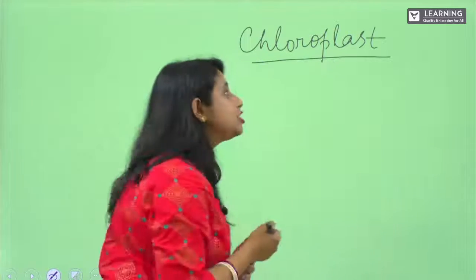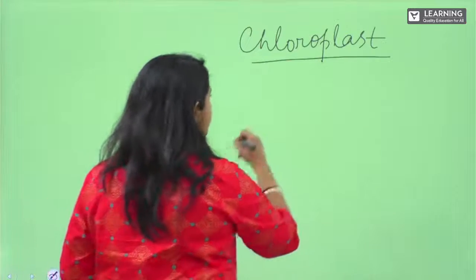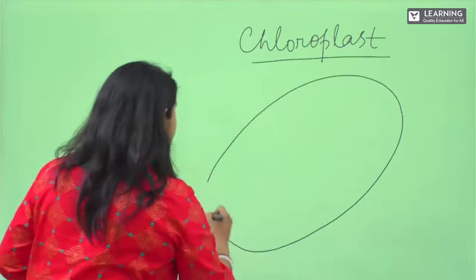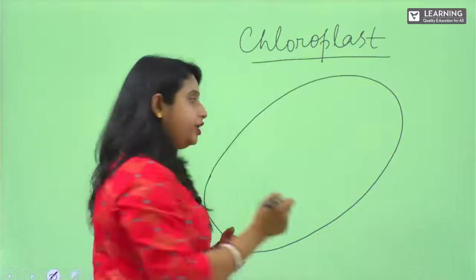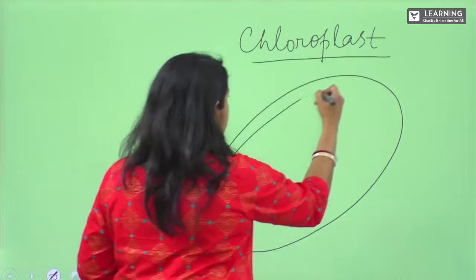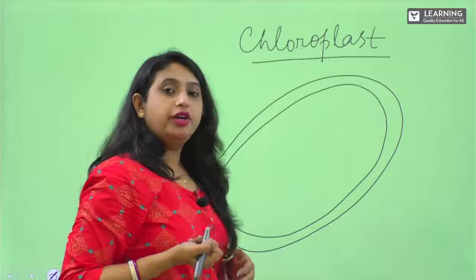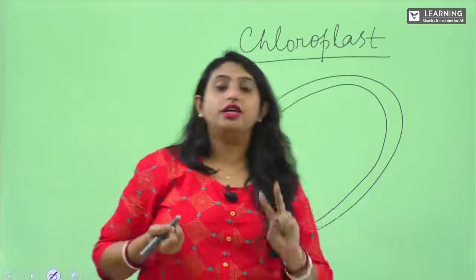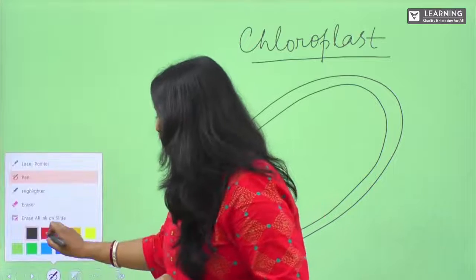Now, how does this chloroplast look? The structure of the chloroplast is something like this. You have studied it in class 9 also, right? So the chloroplast has got two membranes. If I draw the structure of chloroplast, it will have two membranes. One is your outer membrane and another is your inner membrane. So let me take a different color.